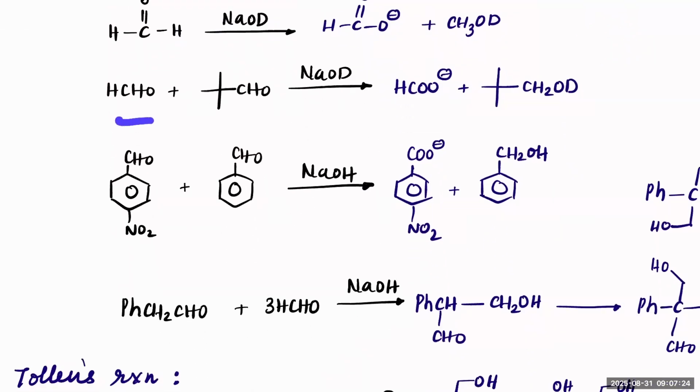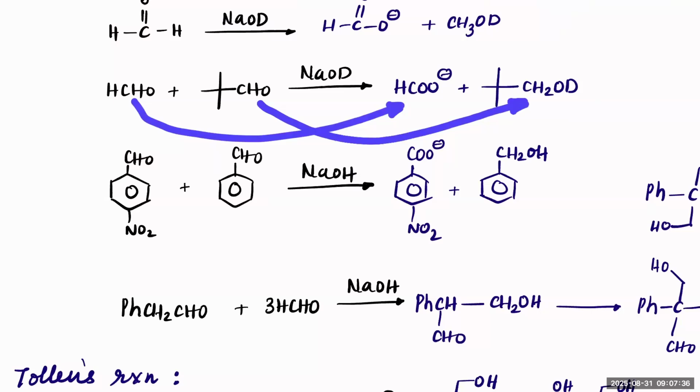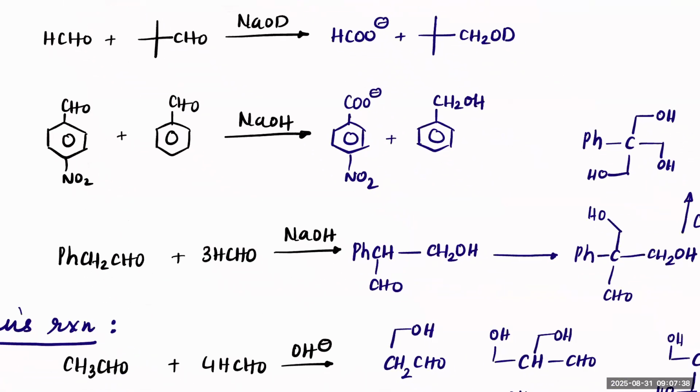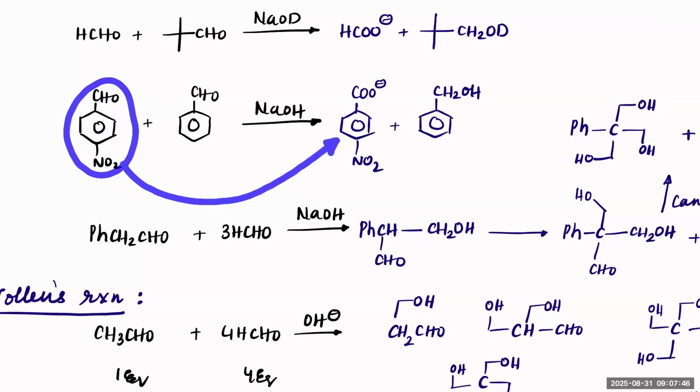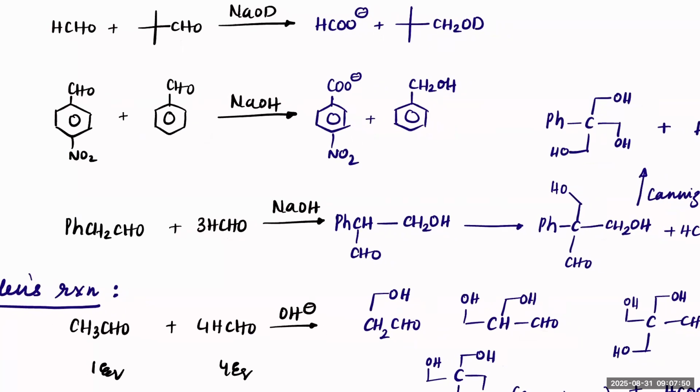If you have a cross Cannizzaro between these two aldehydes, obviously formaldehyde is more reactive. So the more reactive one will become acid, the less reactive one will become alcohol. Okay, here also this one is less reactive, this one is more reactive. So the one which is more reactive will become acid, the one which is less reactive will become alcohol. Okay.